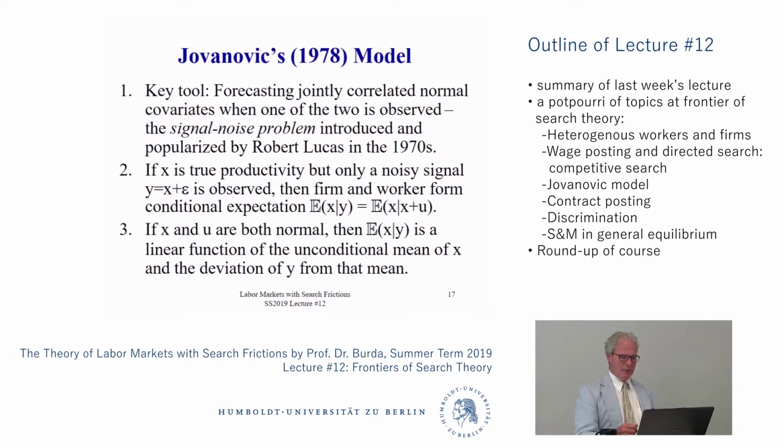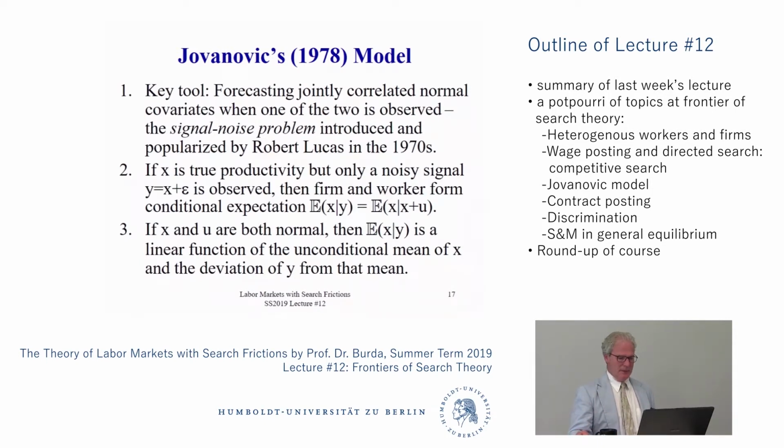So it's all about learning the truth given this noisy observation Y. Okay, so we're going to meet. We're going to decide whether to give it a shot based on Y, but actually it's based on the expectation of X given Y. That's the true thing we're worried about.